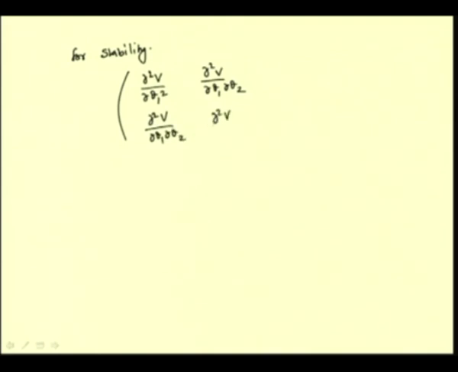Also, for stability, we have this quantity, that is dou square V by dou theta 1 square, dou square V by dou theta 1 dou theta 2, dou square V by dou theta 1 dou theta 2 and dou square V by dou theta 2 square, has to be positive definite.